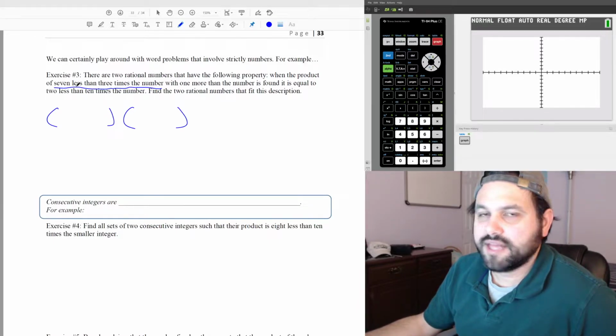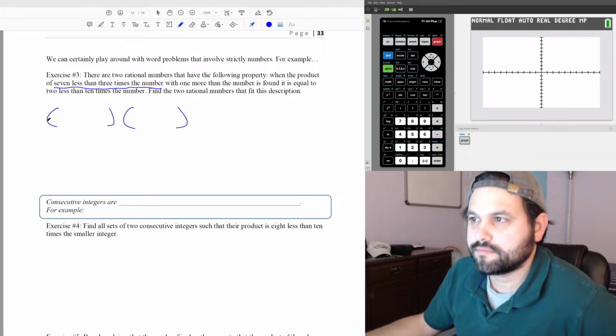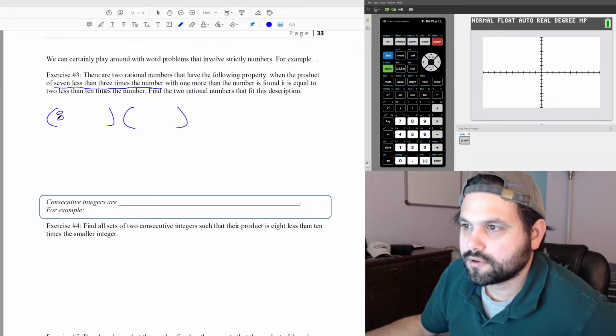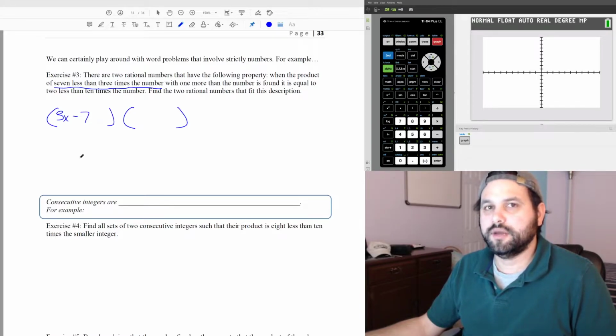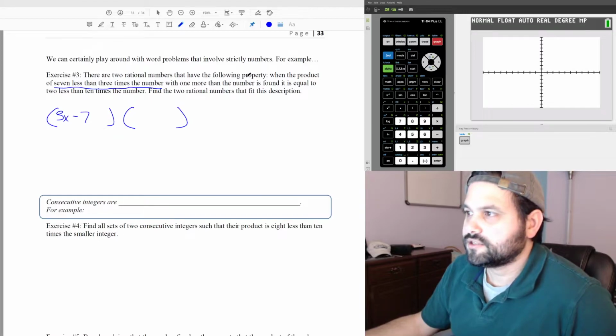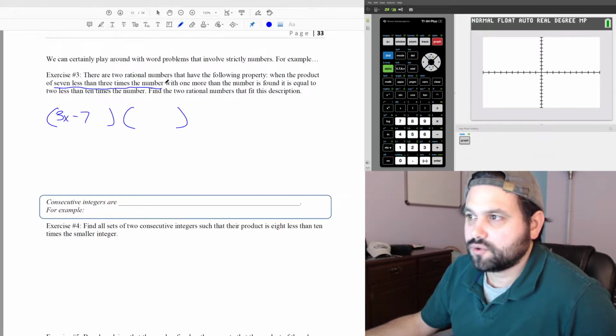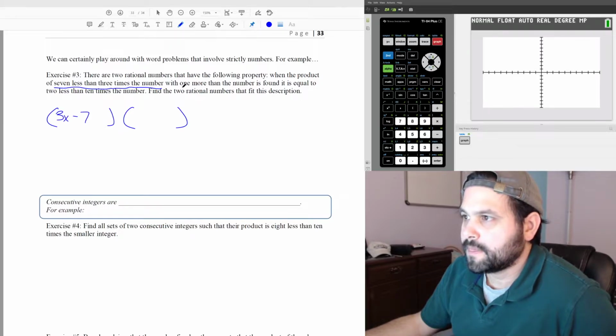So 7 less than 3 times the number, what would that look like? What do you think? 7 less than 3 times the number. 3x minus 7.